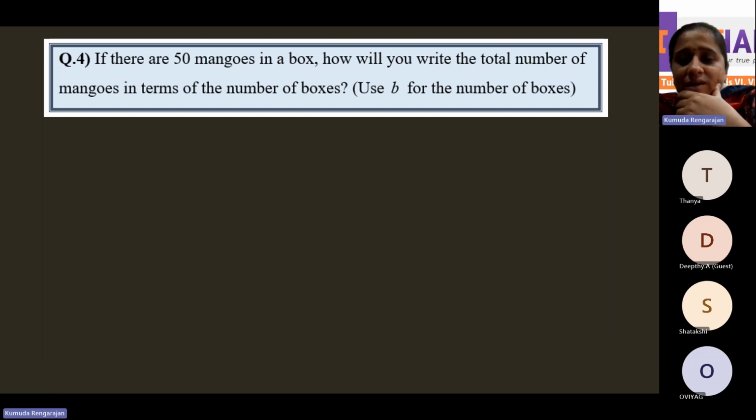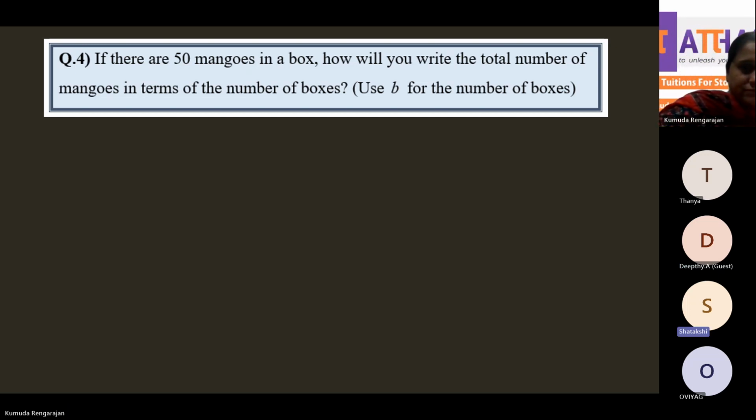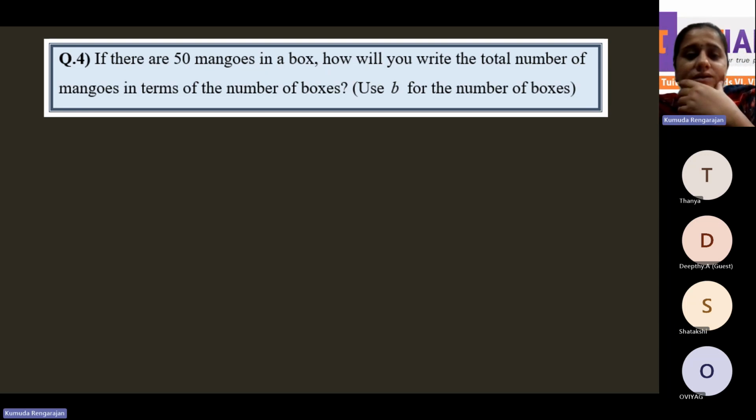Read the question and tell me the rule for this. 50B. Why? Because it means 50 multiplied by B. Correct.